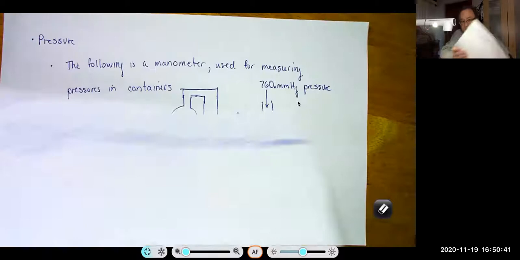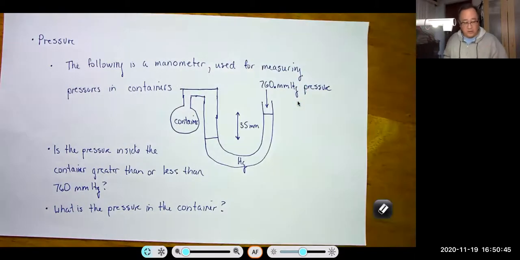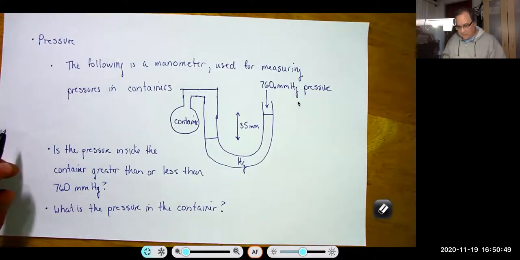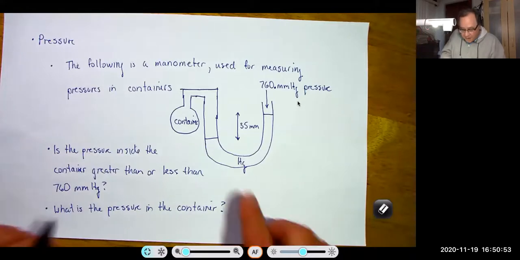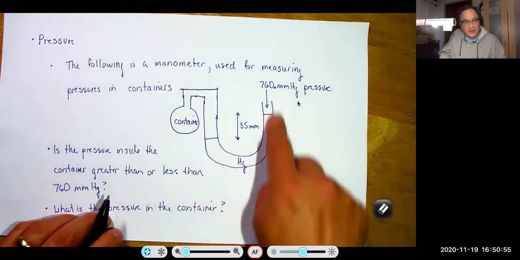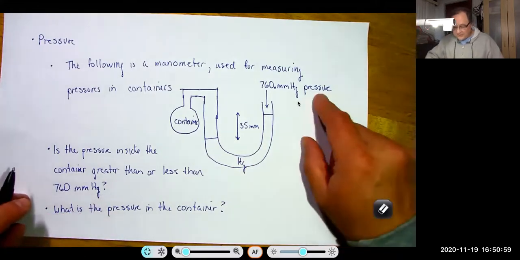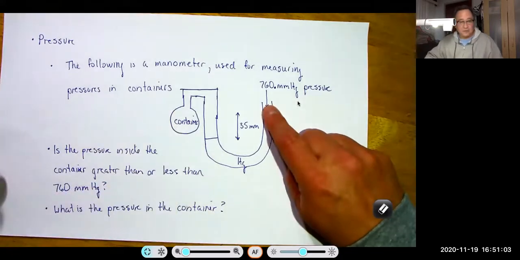Now I'm going to show you something else here with another problem. This is a manometer, not a barometer. With a barometer, it's kind of like a tube inside of something. With a manometer, it's a U-shaped container. So here on this side of the U-shaped container, we've got this open to atmospheric pressure.